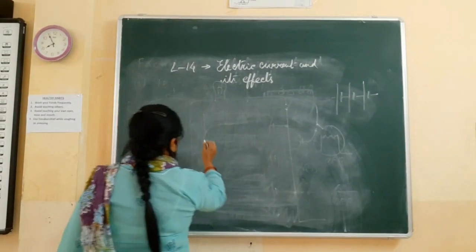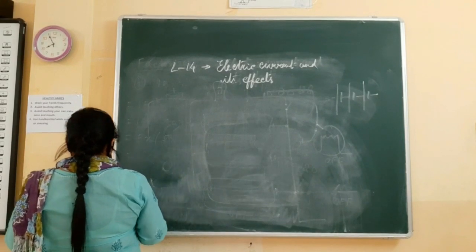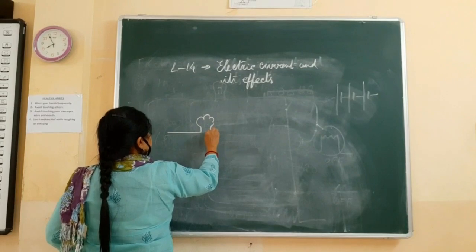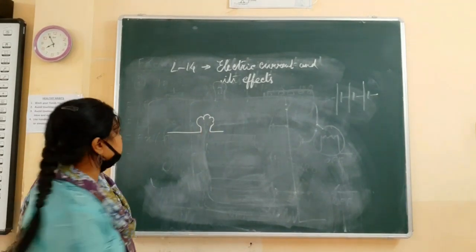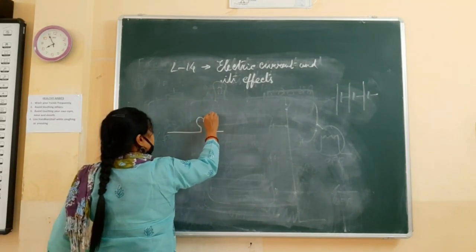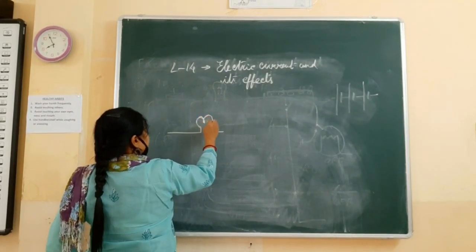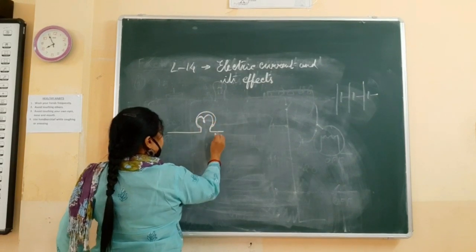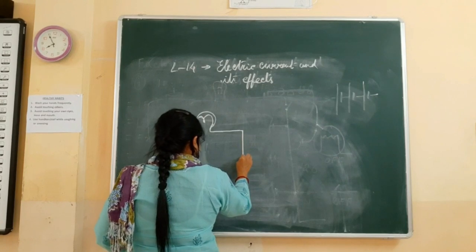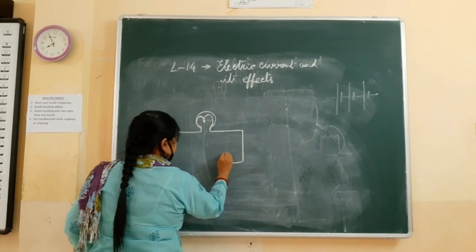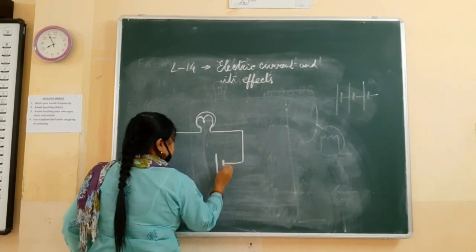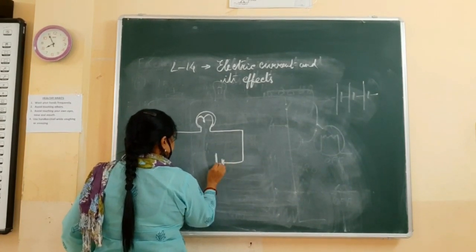Now how to draw? You see, this is the symbol of an electric bulb, and then it is connected to a cell. This is the symbol of a cell.